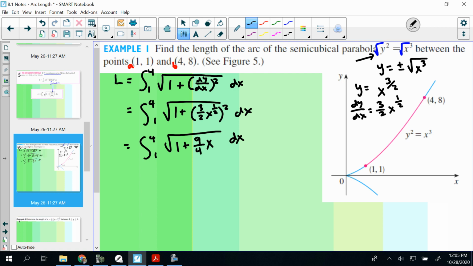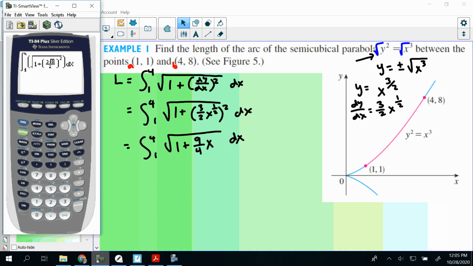Okay, now at this point, a lot of these arc length ones are not going to be easy to integrate. So a lot of times, once you get to this step, they're going to be on the calculator portion where you'd be able to use your calculator to do it. So let's do that.